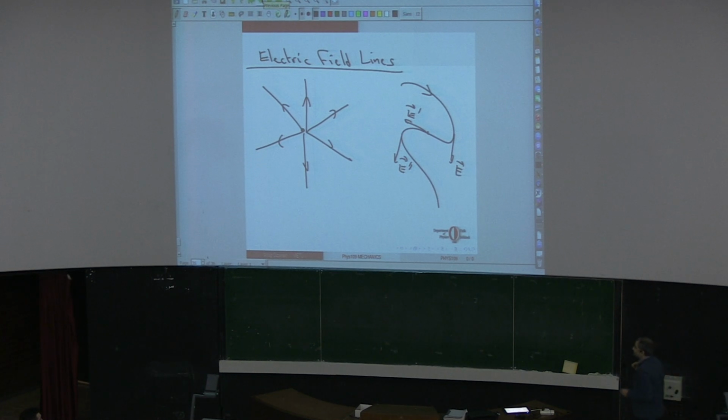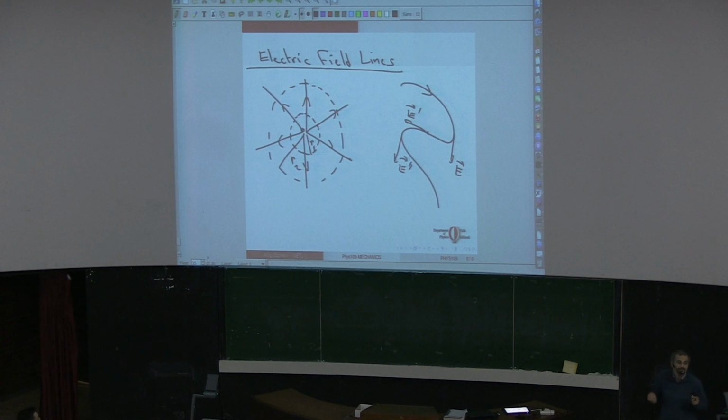So if I imagine a sphere of, let's say, radius r1, and if I imagine a larger sphere of radius r2, so how are the densities of these field lines passing through these surfaces related?